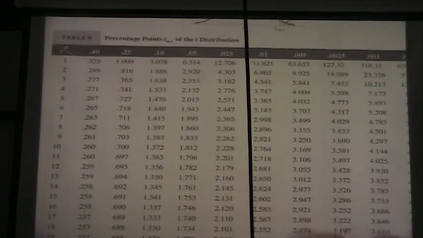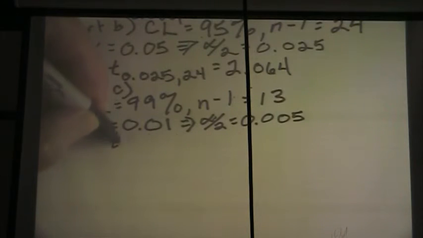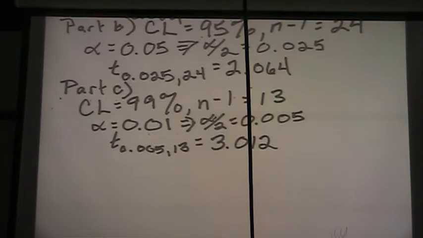All right. So T of 0.005 with 13 degrees of freedom equals 3.012.